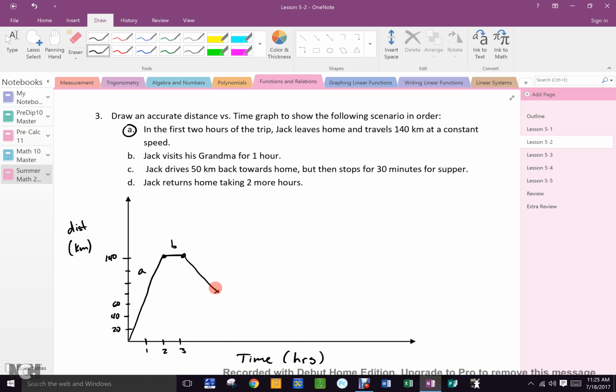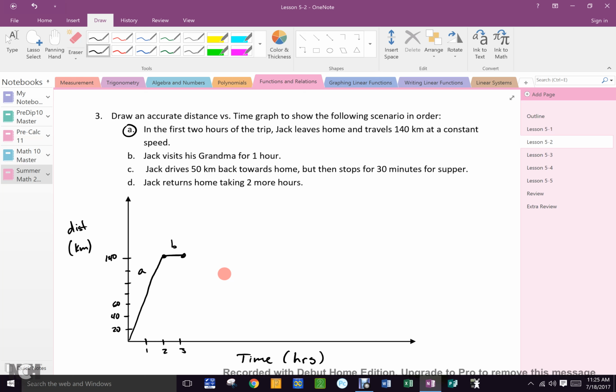You're all wrong. Why are you wrong? This is the distance, because it's the distance you travel. So where does that line have to go? Up, because my distance is continuing onwards.